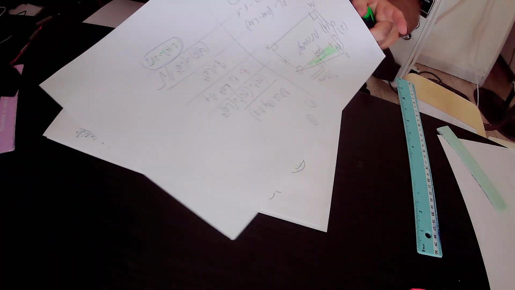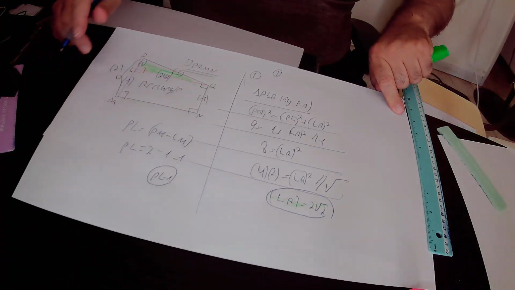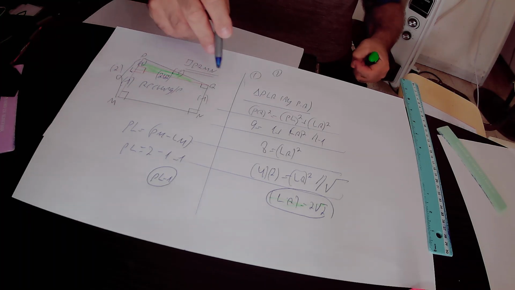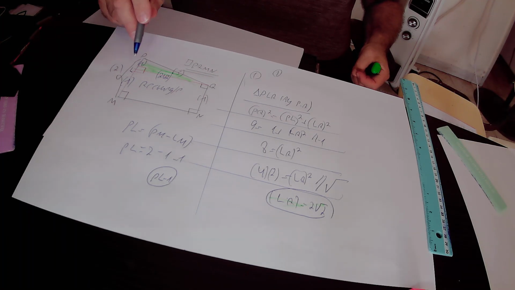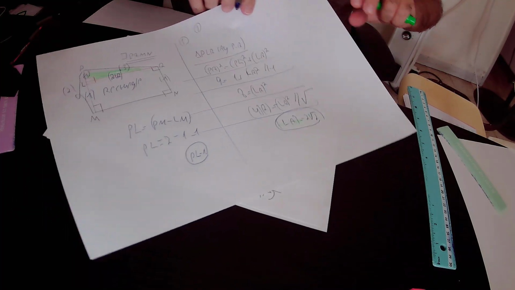We know that the opposite sides of a rectangle are equal to each other. So in rectangle LQNM, side LQ must be equal to the opposite side MN, but LQ equals 2 times square root of 2, therefore the opposite side MN must also be equal to 2 times square root of 2 units in length.